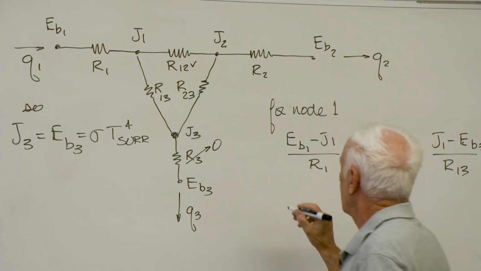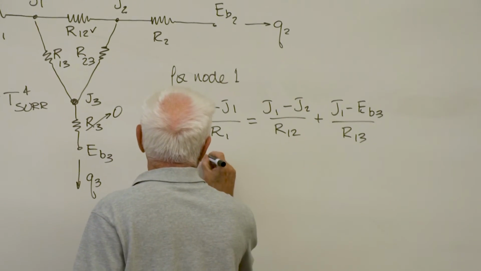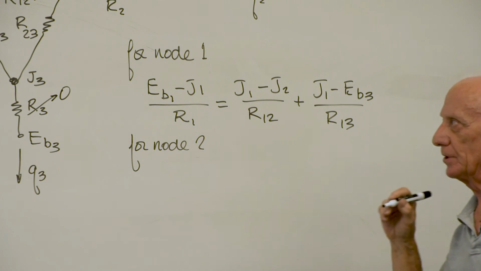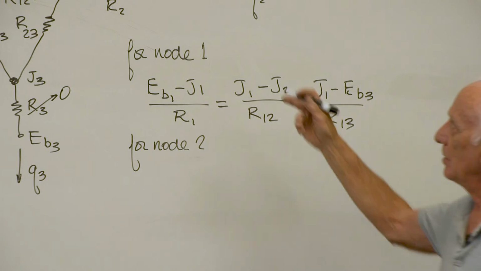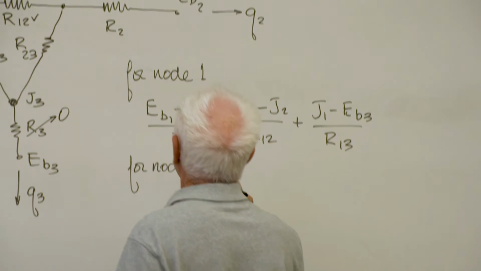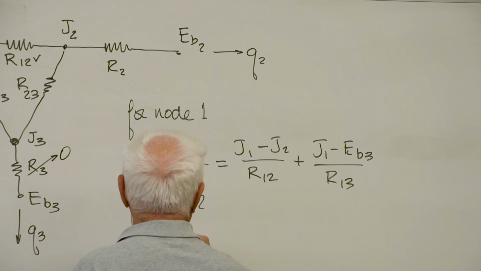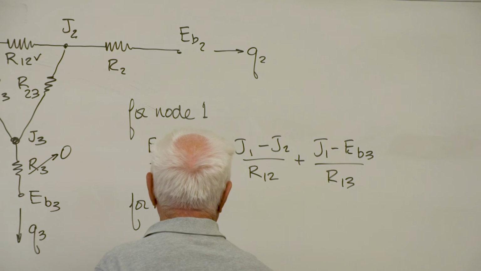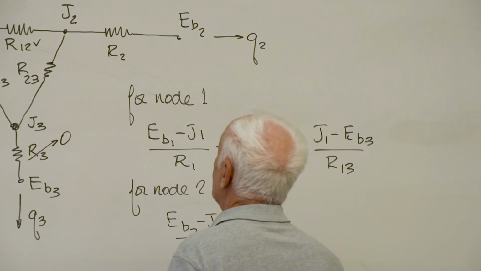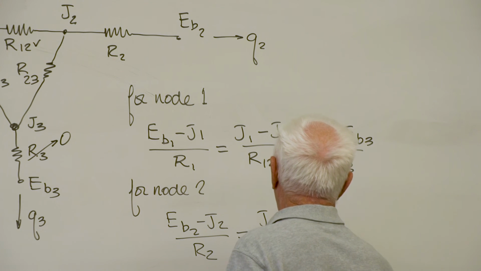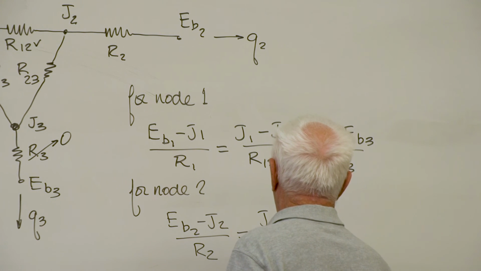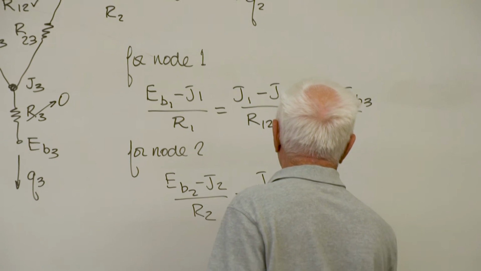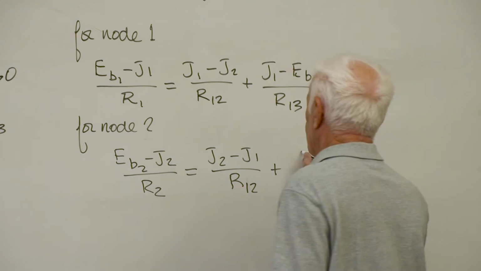Got it. For node 2, what goes into node 2 equals the thermal current going out. What goes in? EB1 minus EB2 minus J2. What goes out of node 2? What else goes out of node 2?